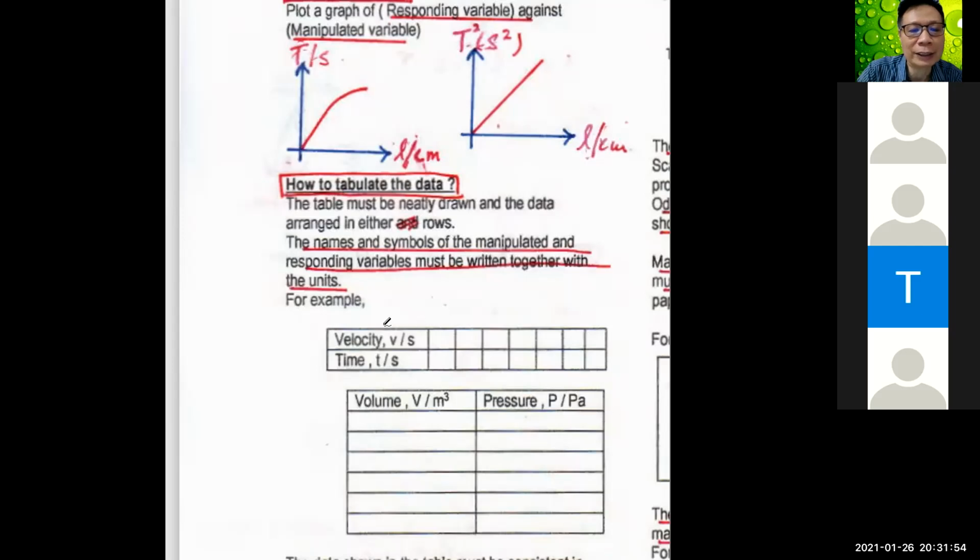You must have the name, must have the symbol, must have the unit. Understand? These 3 things must be there: the name, the symbol, and the unit. Time is the name, the symbol is small t, and the unit is second. Okay, so all these must have.